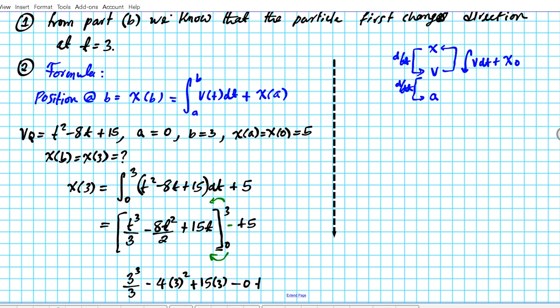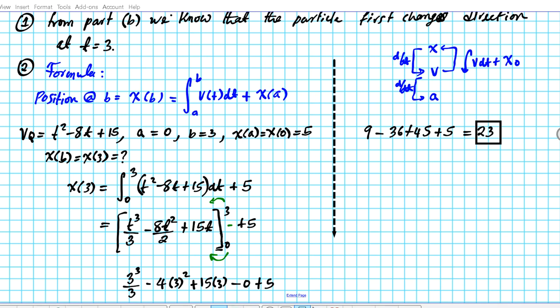So minus 0 plus 5. Okay, so we're going to use PEMDAS, order of operations, to simplify this. So we have 3 cubed over 3 is 9, minus 3 squared is 9 times 4, 36, plus 45, plus 5. And if you do the arithmetic, you will end up with, let's see, 23. Bam. Okay, so there is the final answer to question number 5D.